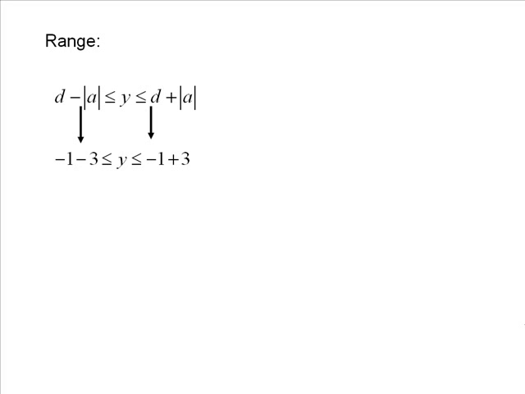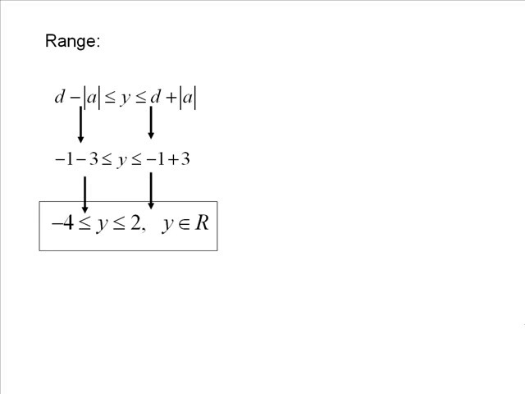Now that absolute value around the a is only there in case you have a reflection in the x-axis, in which case you don't care about it because the amplitude is always the positive value anyways. The upper limit would be negative 1 plus 3. So the lower limit is negative 4, the upper limit is 2, and y is going to be between those. And that matches what we saw on the graph, or by inspection of the graph.